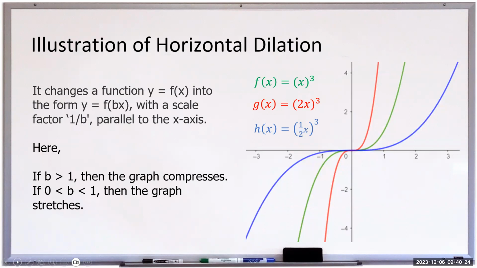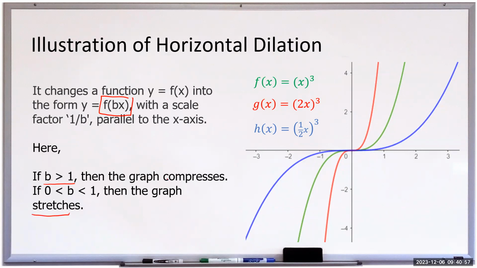So as you can see, the transformed functions are of this form, f of b times x. Therefore, with a scale factor of 1 over b, and that scale factor is parallel to the x-axis, we can say that the graph compresses if b is greater than 1, and if b is within 0 to 1, or that's a fraction, then the graph stretches.